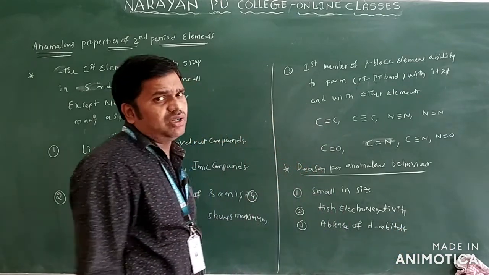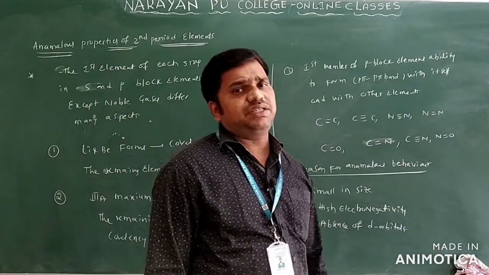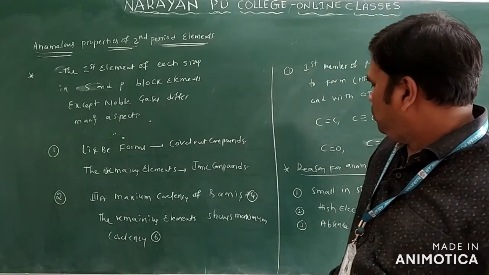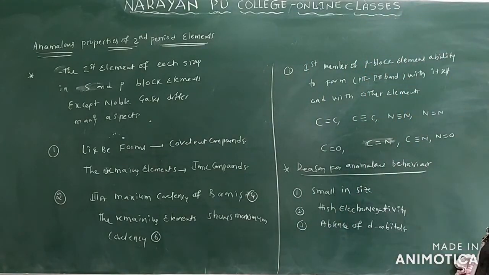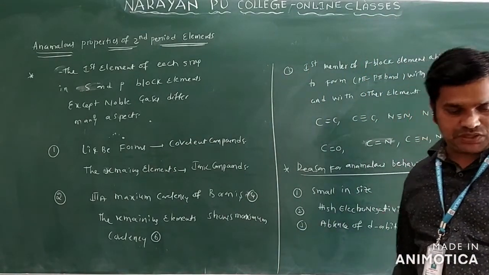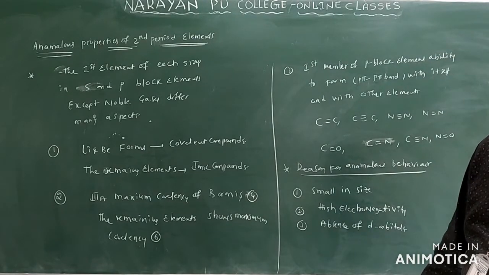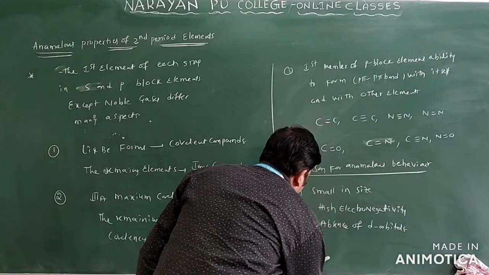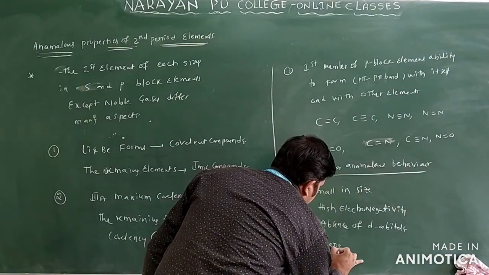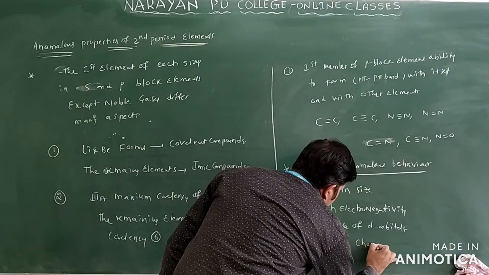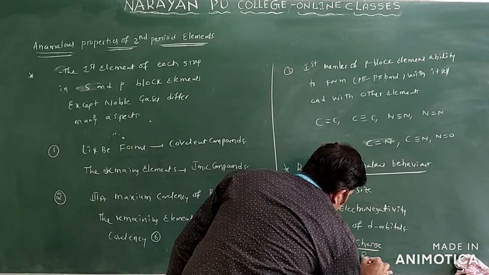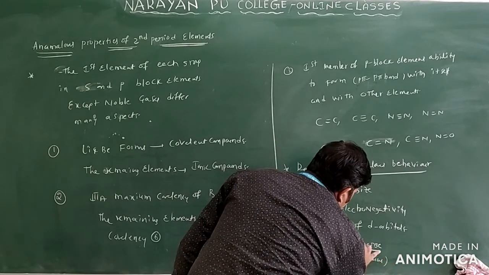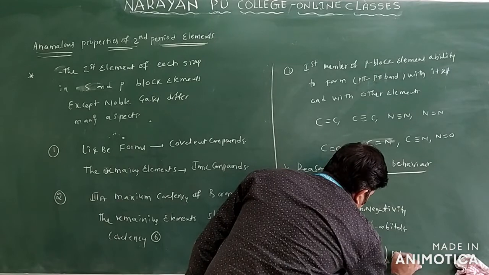Very three important reasons here. The first one, small size; one more, high electronegativity; and one more, absence of d orbitals only. And one more point is there: large charge by radius ratio only. The fourth one we have is a large charge by radius ratio.